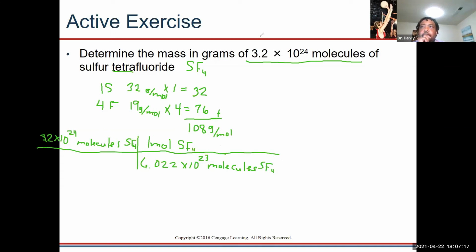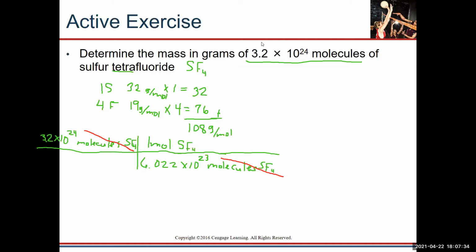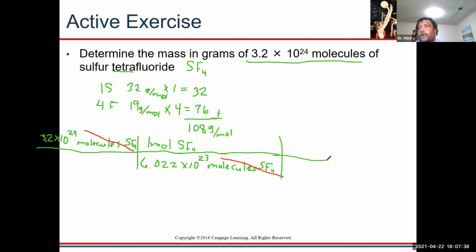Okay, so let's just keep track of things. I get carried away sometimes. Those molecules are going to cancel out and we're left with moles. I want grams, so how am I going to get to grams? 108 grams over 1 mole.